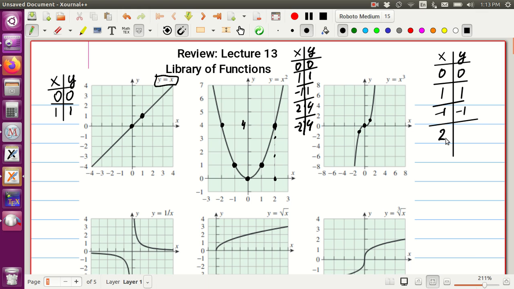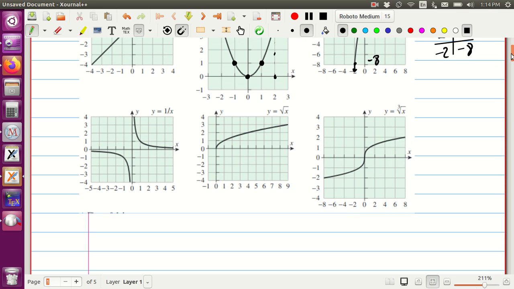And 2 more points probably. 2 cubed is 8, and negative 2 cubed is negative 8. So if this is 2 and this is 8, and if this is negative 2, this is negative 8. Something like this, maybe a little bit further down here. All right, so this function grows really quickly and goes down really quickly, and it keeps going and going.